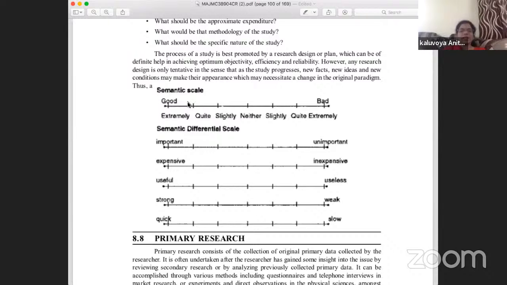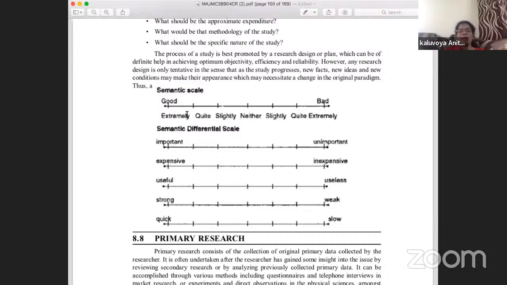With the semantic differential scale, you will try to know, in specific, the meaning an item has for an individual. What do you mean, or what do you understand? Now you feel it is good or you feel it is bad. You are trying to ask about a specific statement. Under that you have various levels mentioned.